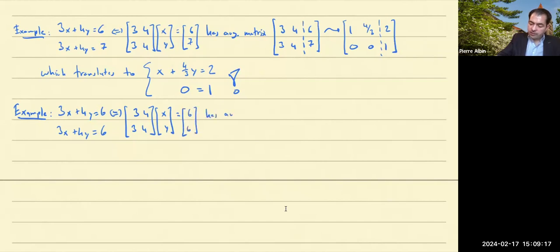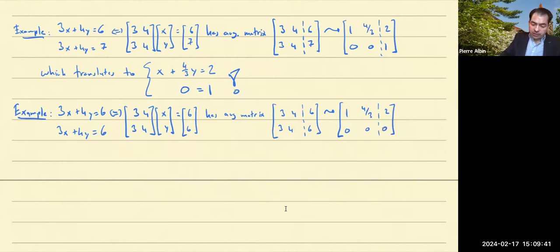This has augmented matrix [3, 4 | 6; 3, 4 | 6], and its reduced row echelon form looks like [1, 4/3 | 2; 0, 0 | 0].